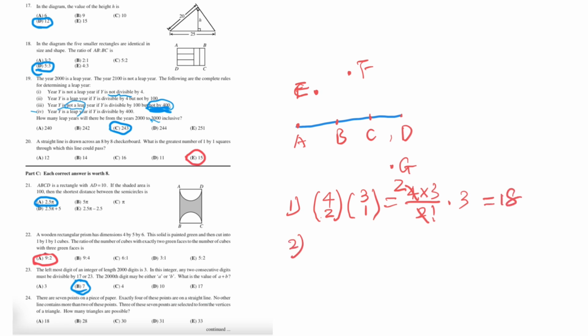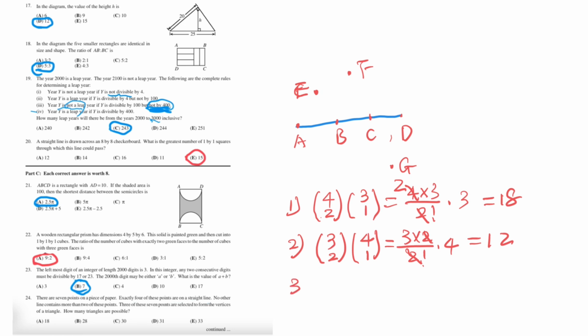Case 2, we from the EFG choose the 2, so 3 choose 2, equal to 3 times 2 over 2 factorial. Other 1 point from this ABCD, so 4 choose 1, that's the 4. So cancel 2 equals 12.